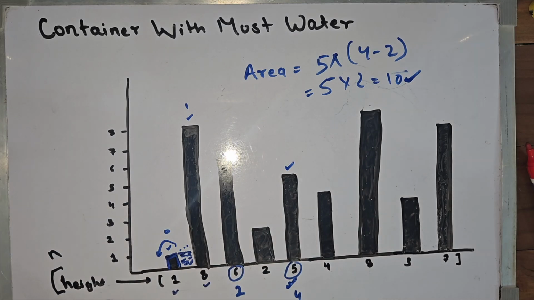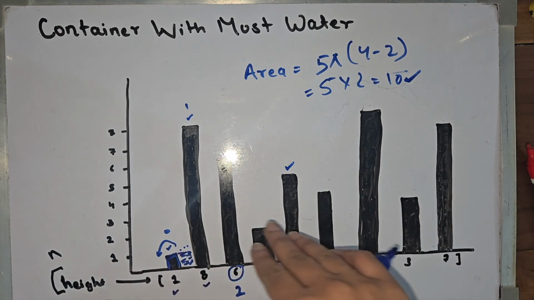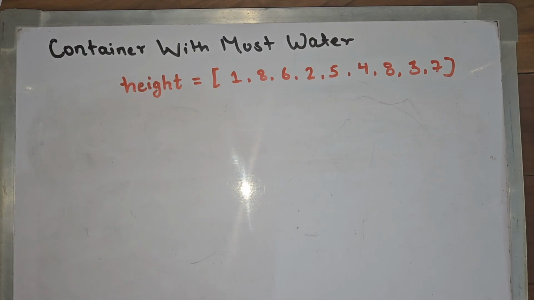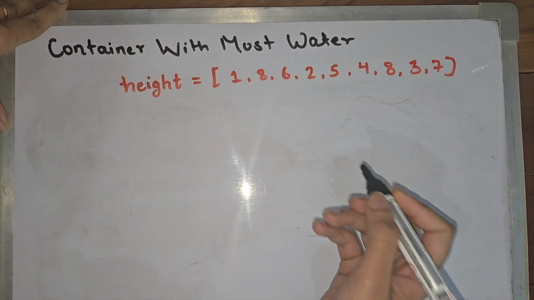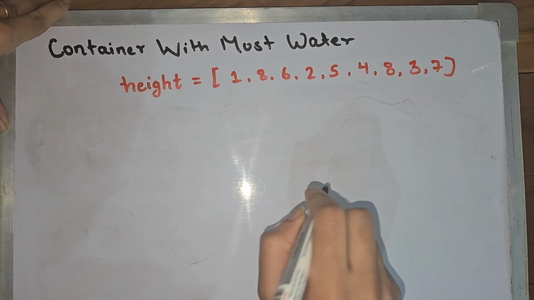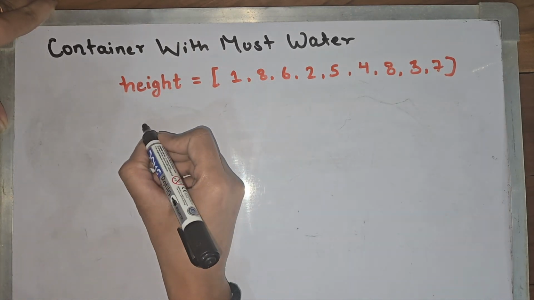Okay, so thinking about this problem, what's the brute force that comes to our mind? The brute force is that we try all the combinations of these given vertical lines and give the maximum. So first we should be able to code the brute force. We will try all the combinations of picking two elements from this, find the area, and keep track of the maximum.